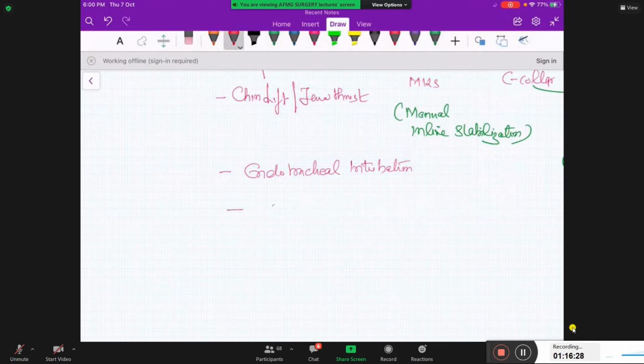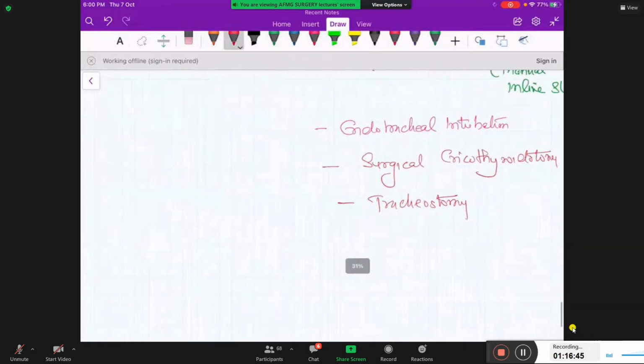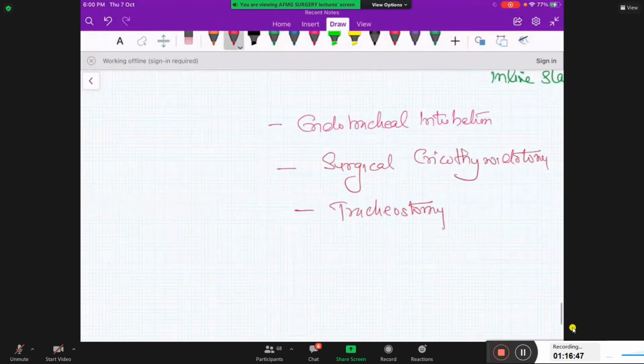We have surgical cricothyroidotomy. We have tracheostomy. We also have oropharyngeal airway.